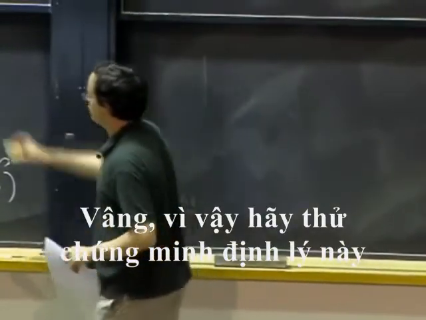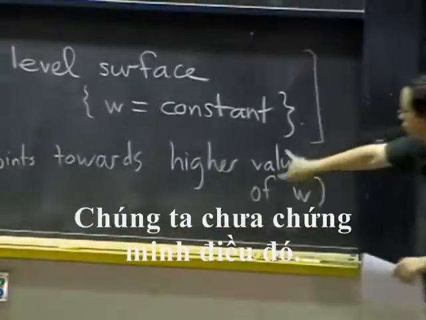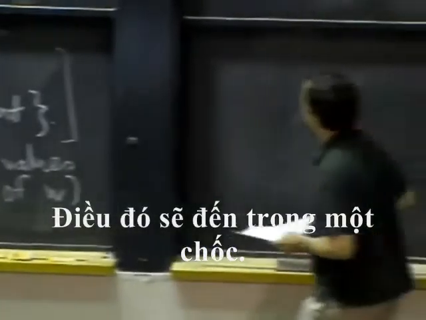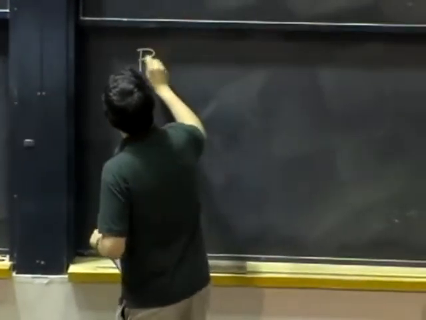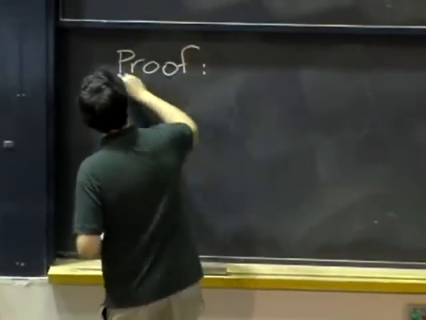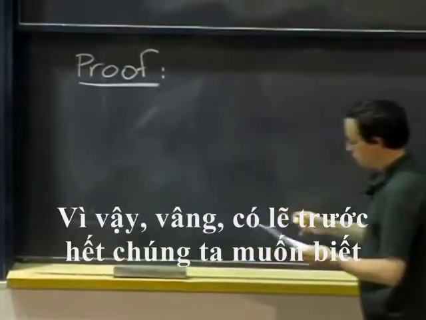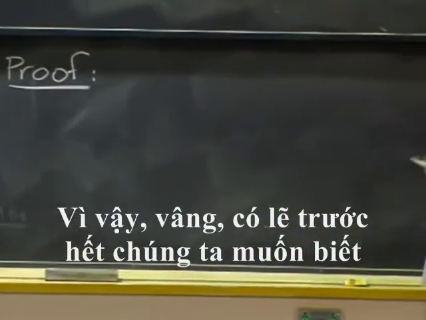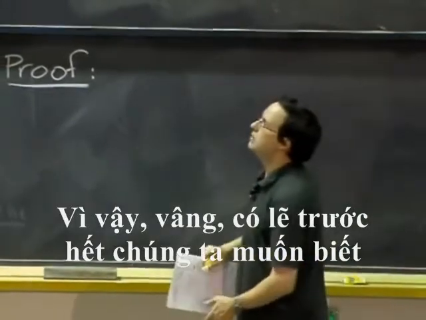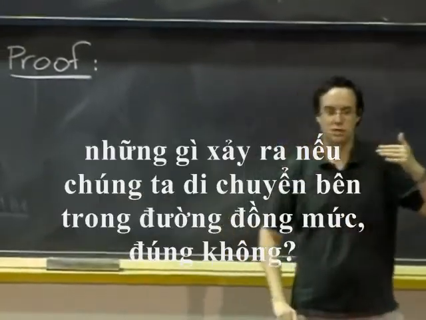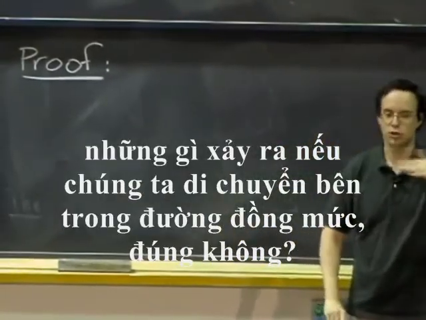So, okay, so let's try to prove this theorem, at least this part of the theorem. We are not going to prove that just yet. That will come in a while. So, well, maybe we want to understand first what happens if we move inside the level curve.